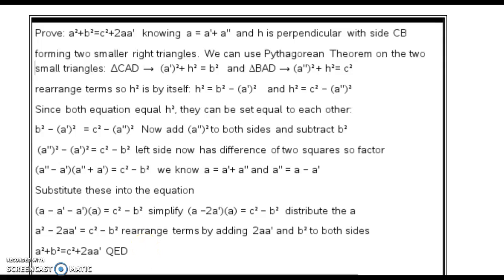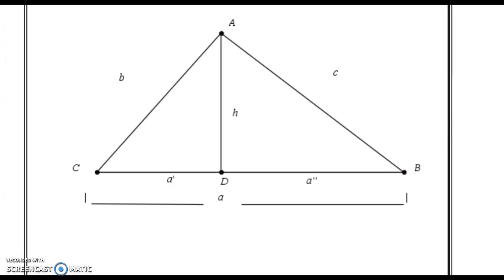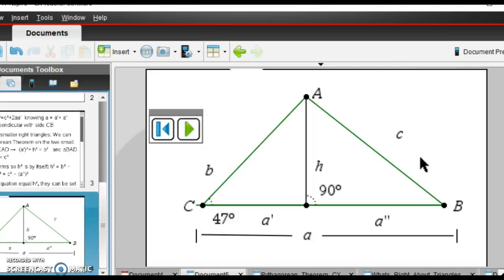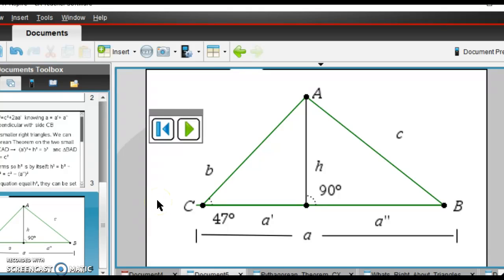So then the latter part of the problem asks the question, once you have proved this formula, which we just did, show what happens if the angle between the sides A and B is 90 degrees. Well, that sounded really fun, and I was trying to think of how I could represent that. So what I did is I went ahead and I built this triangle again, and I showed that we have the perpendicular from A down to B forming 90 degrees.